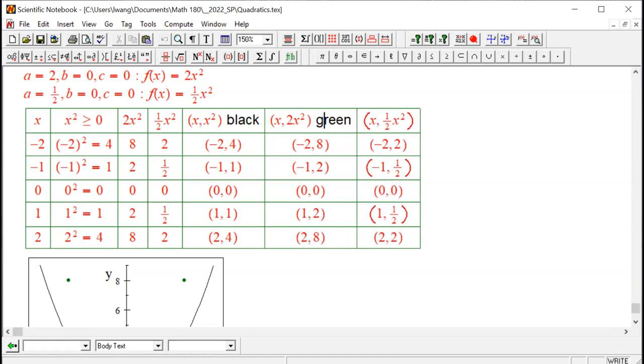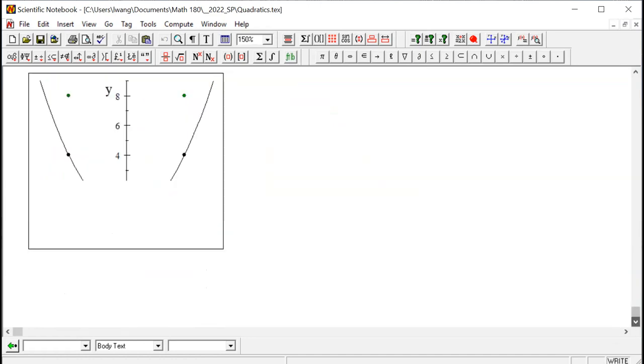2x squared actually is, you see, every input stays the same, the output is doubled, right? You look at that visual, right?